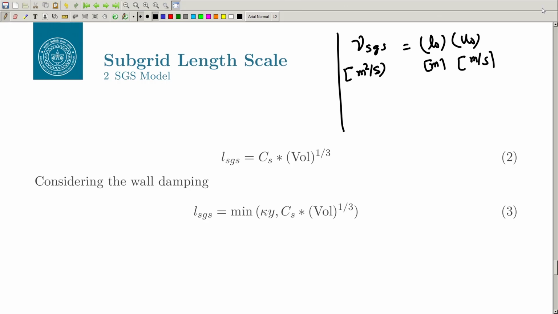Here we call it a subgrid length scale, because this model has to be made in such a way that it acts on a grid of a given size. So that grid size has to come into consideration, which is why you have CS multiplied by the volume to the 1/3. This is nothing but your delta, a representation of your grid size.